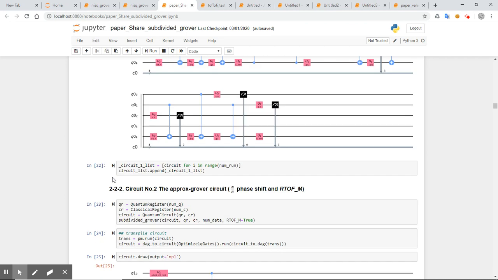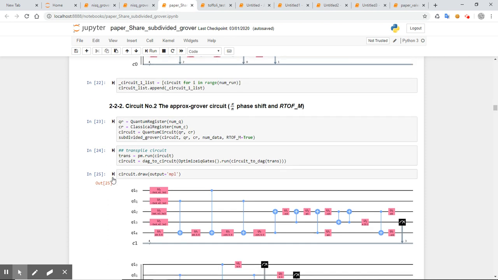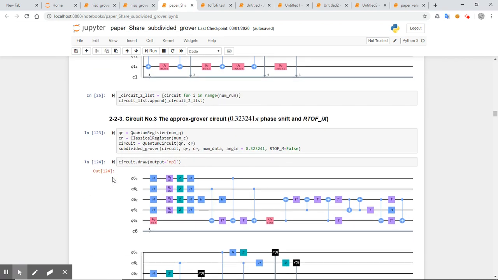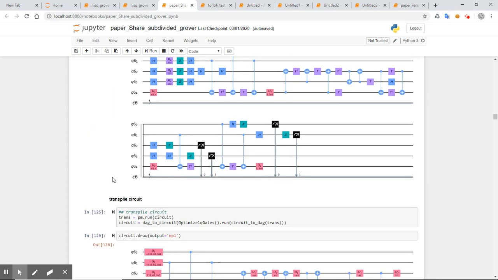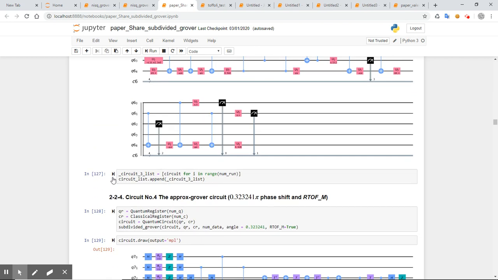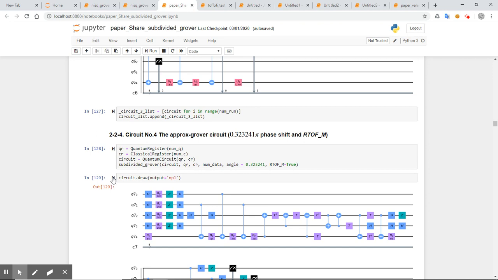And then there's circuit number 2, so that's another circuit. Circuit number 3. Transpiled circuit number 4. So they generate all the possible circuits.